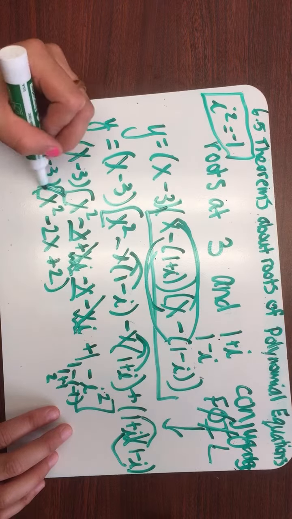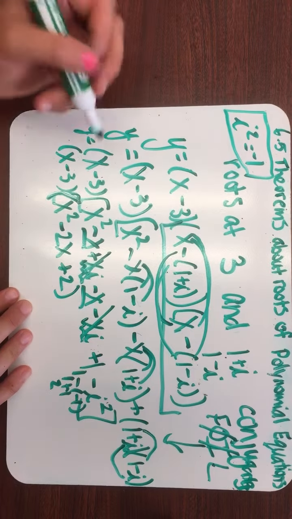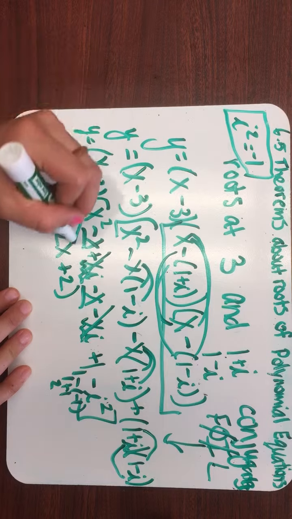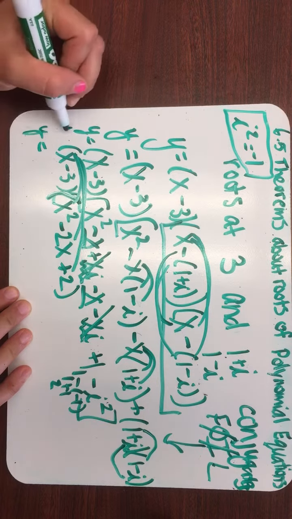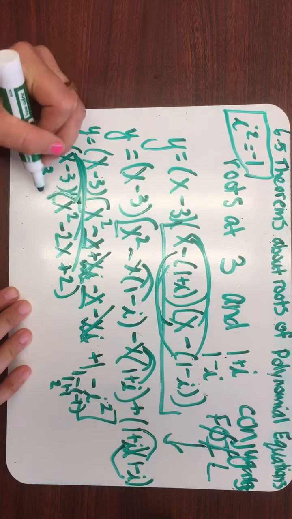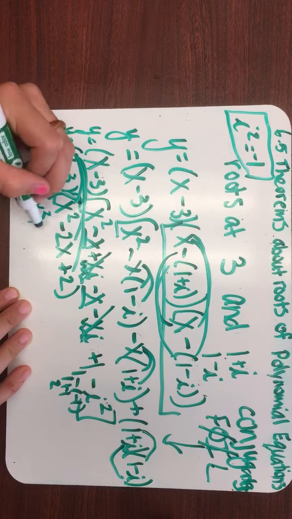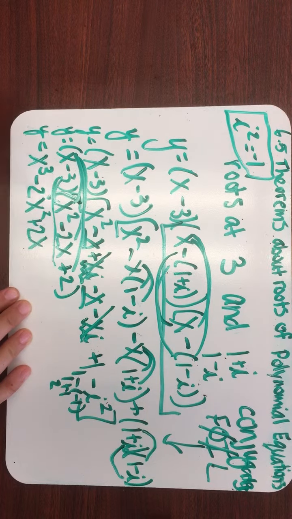And now finally, we will just distribute in your x to every term. So we get y equals x cubed minus 2x squared plus 2x. And then distribute your -3 to every term in the trinomial.